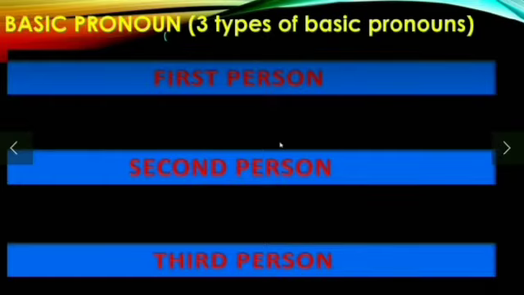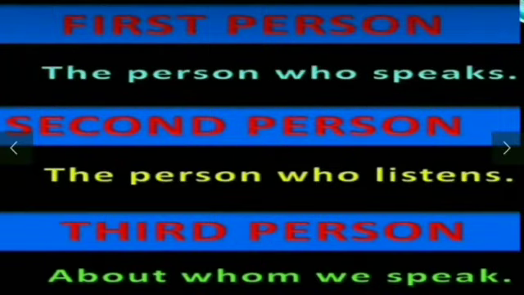First person means the person who speaks to you directly, the speaker. Second person means the person who is listening to me, the person who listens, the listener. And third person means the person about whom we speak.